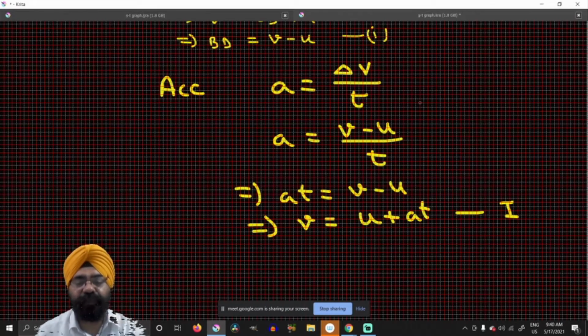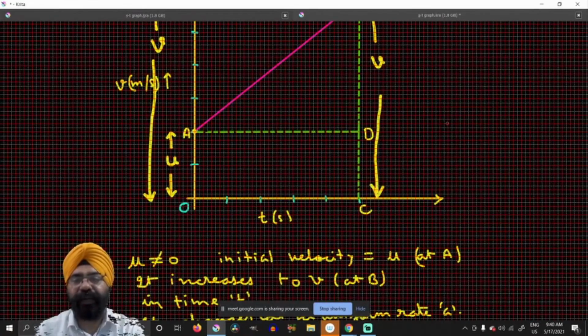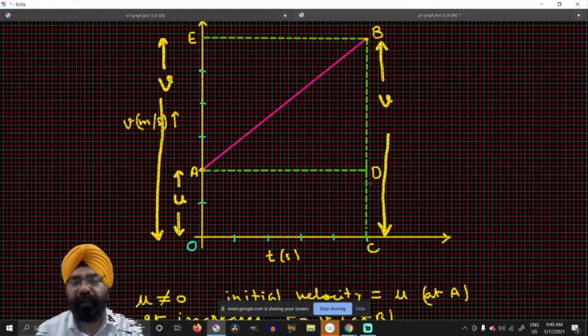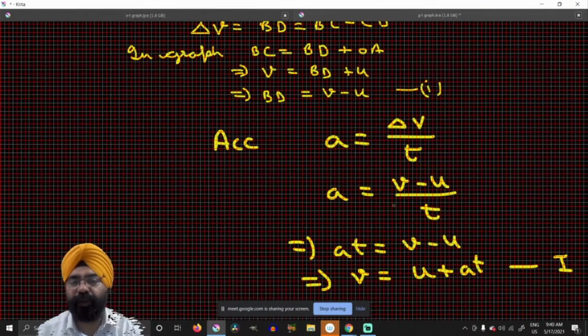And BD is equal to BC minus OA, which is equal to V minus U. So we arrive at this equation: A is equal to V minus U by T. We cross multiply and it becomes AT is equal to V minus U. We transpose U and it becomes V is equal to U plus AT. That gives our first equation.